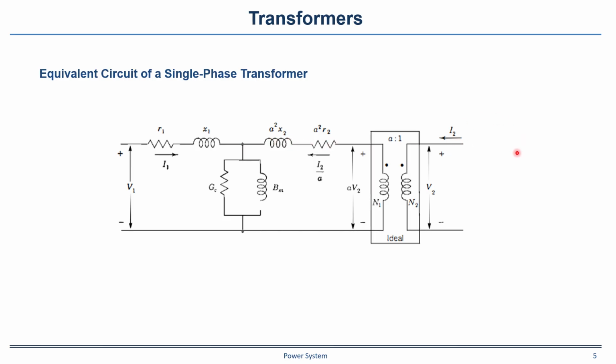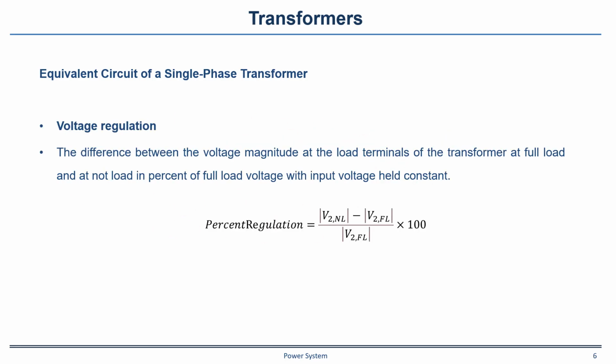Because the secondary winding should be here, we moved it to here, so it should be multiplied by a squared. And what is a? a is N1 to N2. And here we have some leakages, R and X, for the core. So this is the circuit for practical and more realistic cases of the transformer.